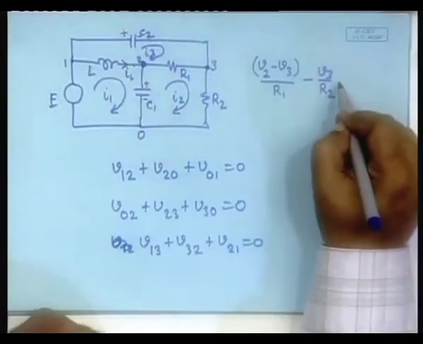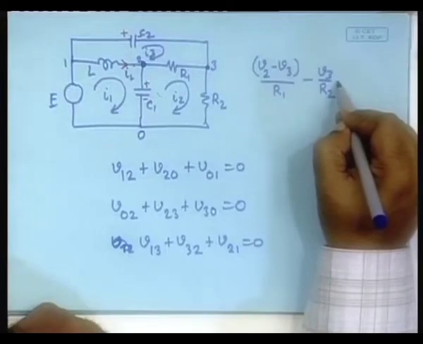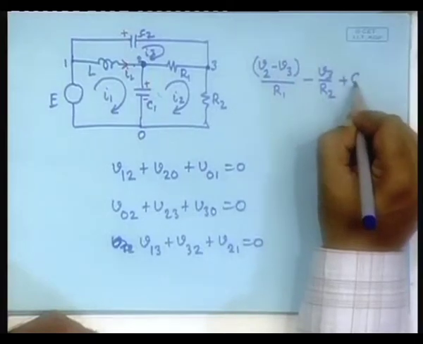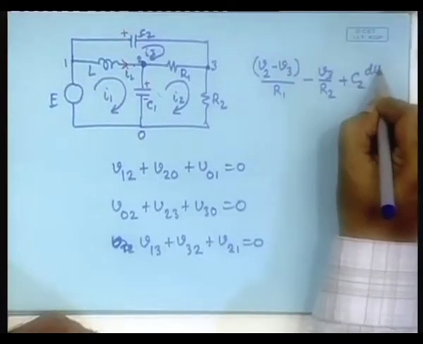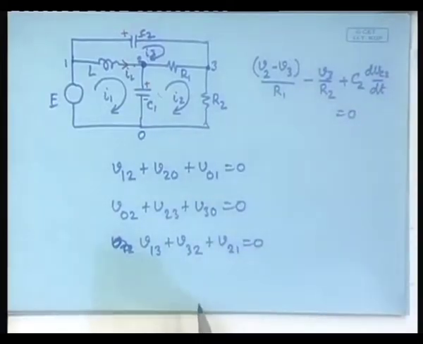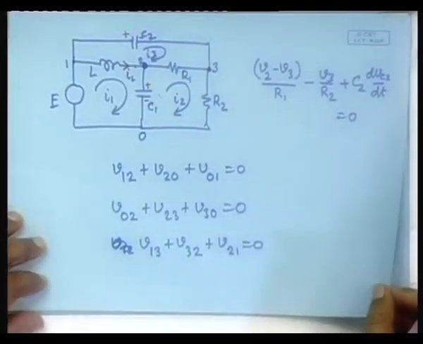That current would be, well, this is plus, this is minus. So, it is plus C2 dVc2 dt equal to 0. From there you can extract.